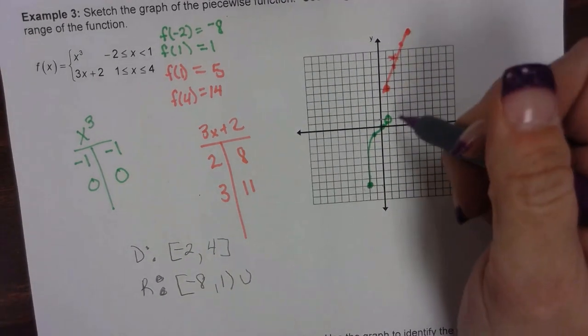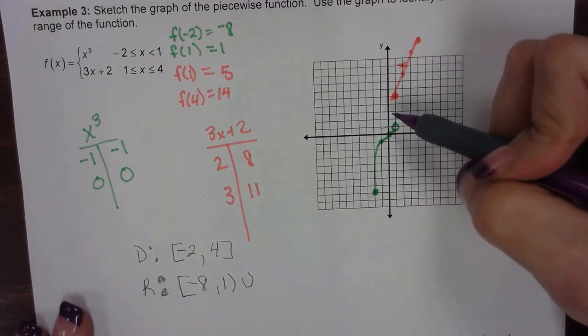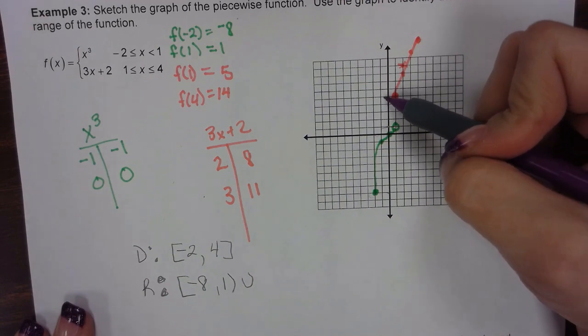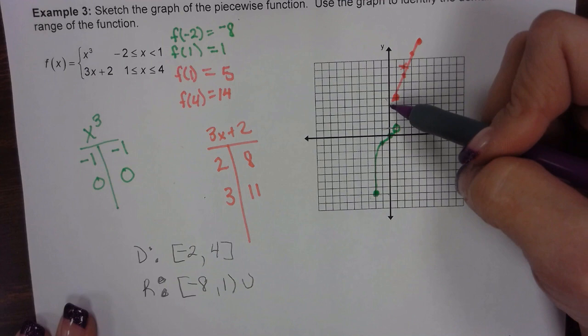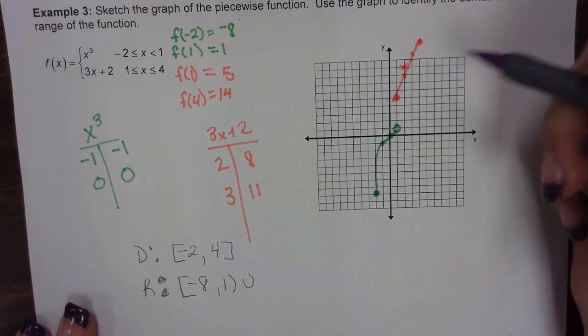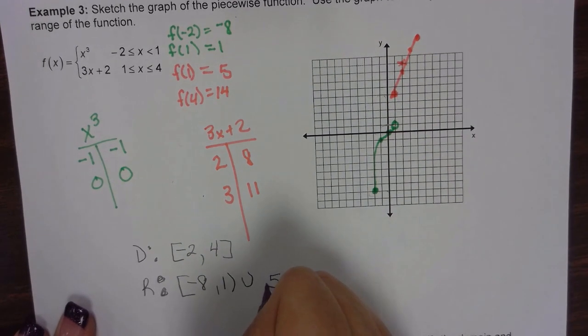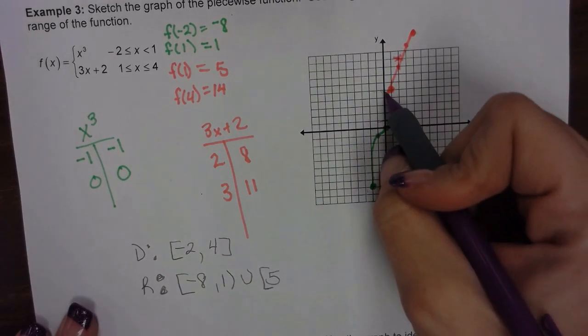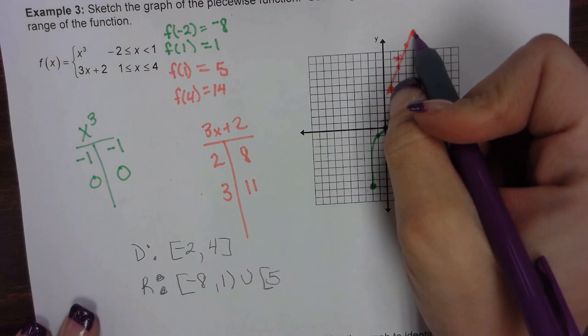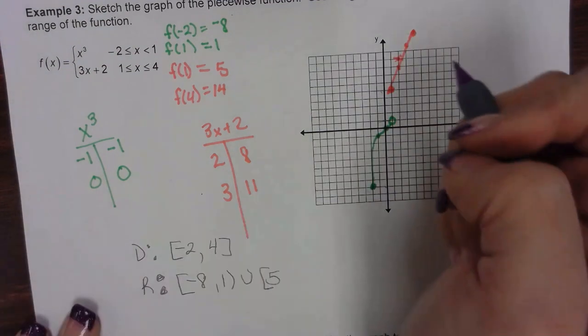And then what happens is I have to jump and start back up here. What y value is that? That's 1, 2, 3, 4, 5. So we're starting back up at 5, and that was closed. So it's bracket. And we continue all the way up. Do you remember what point that was?